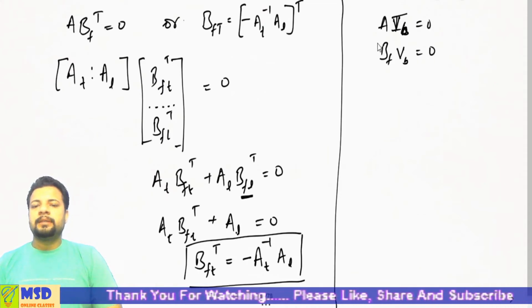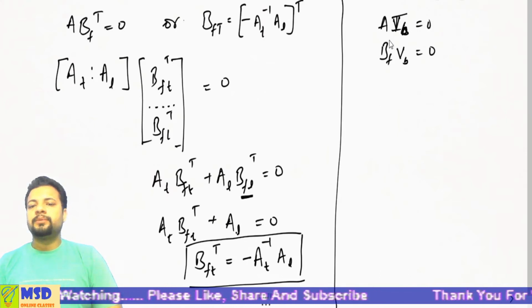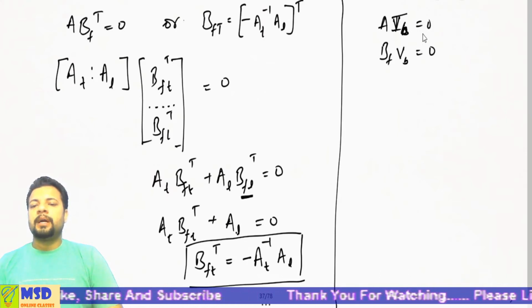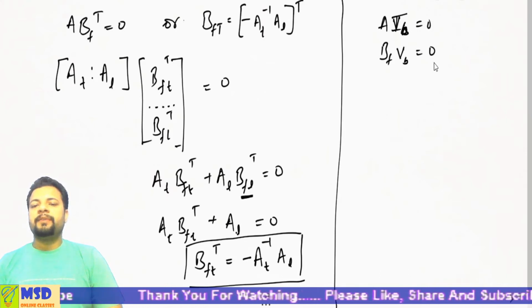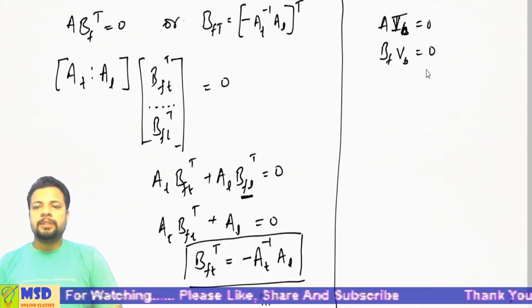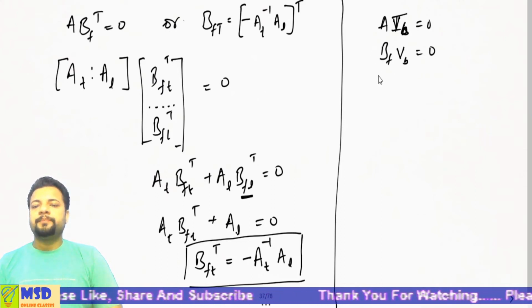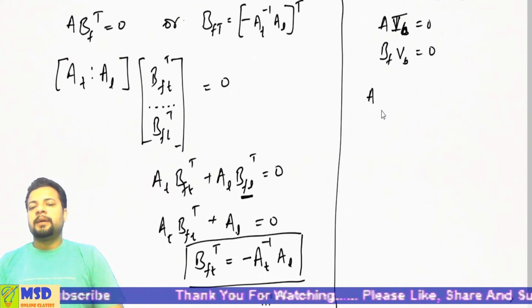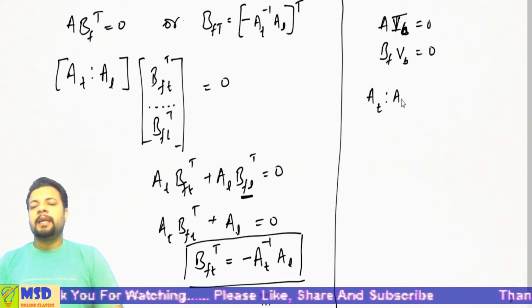Now see these two relations. A into IB is equals to 0 and BF into VB is equals to 0. I am again doing the same here. A twig, A links.